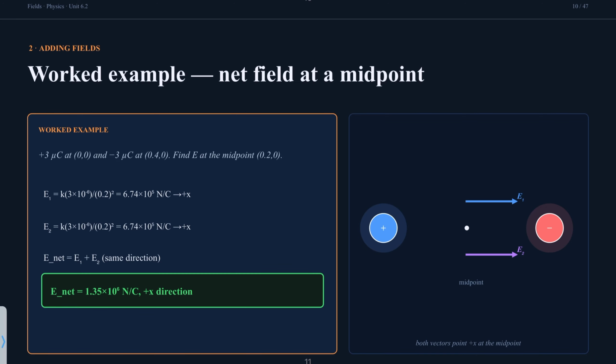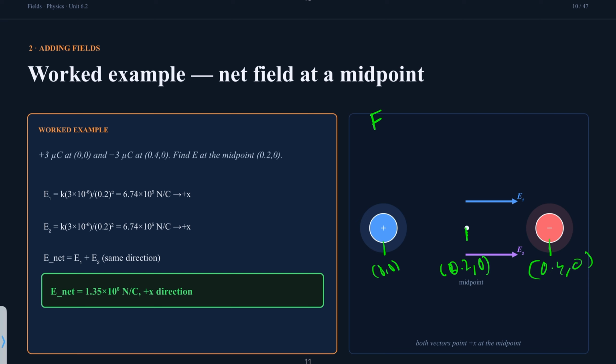So you have two charges, 3 microcoulombs at 0, 0, okay? And then negative 3 microcoulombs at 0, 0.4, 0. And we need to find E at the midpoint, or 0, 0.2, 0. All right?